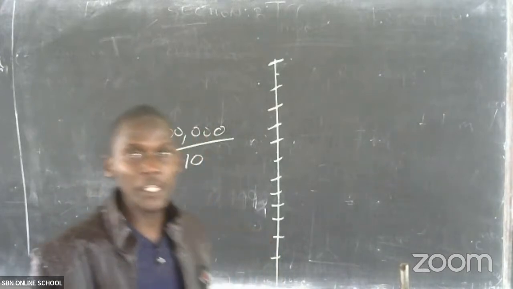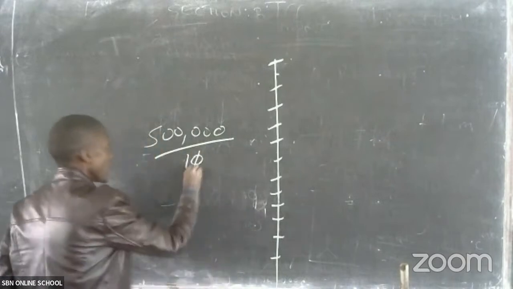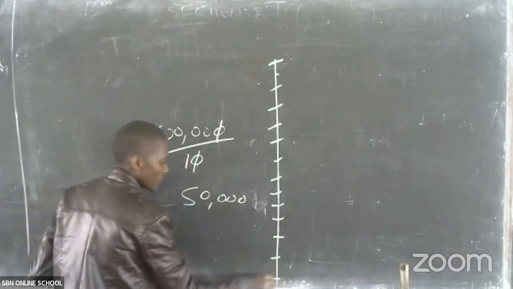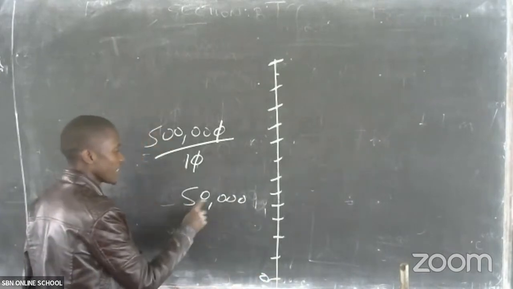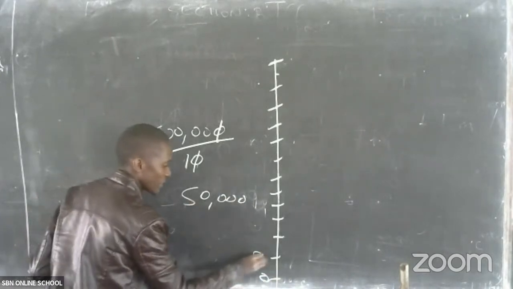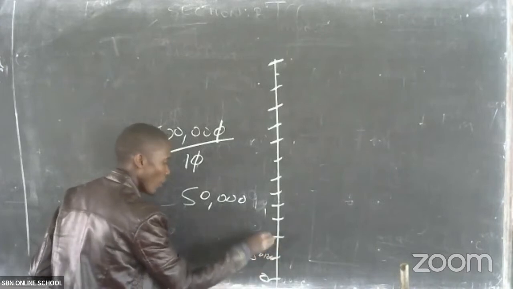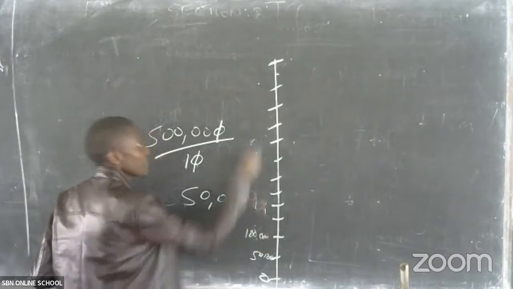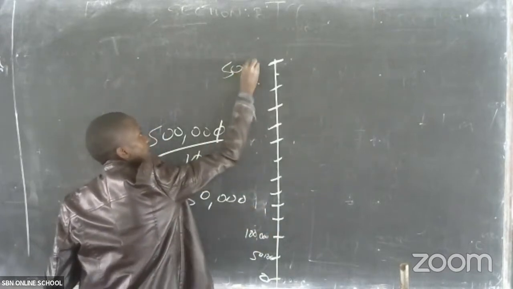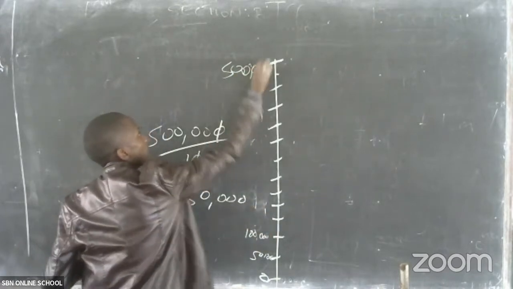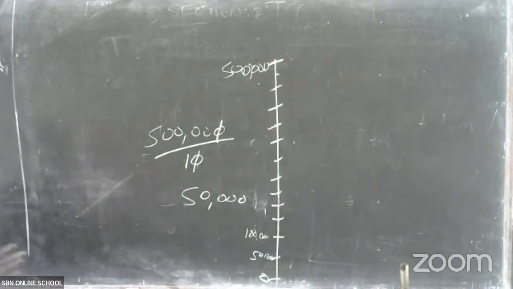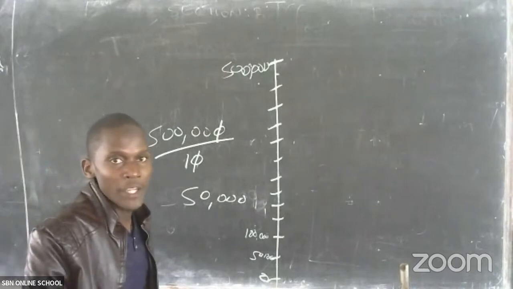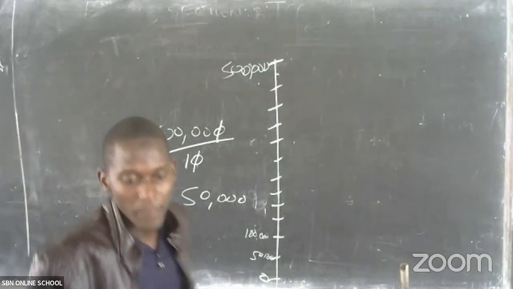Okay, you divide, you get 5, then 0. Then you get this amount, you go and write it here. You go on adding another one, what do you get? Like that, until you reach that number. Am I clear? Have you got it?